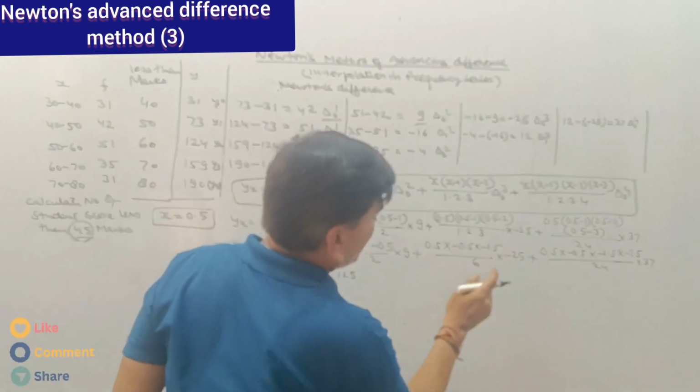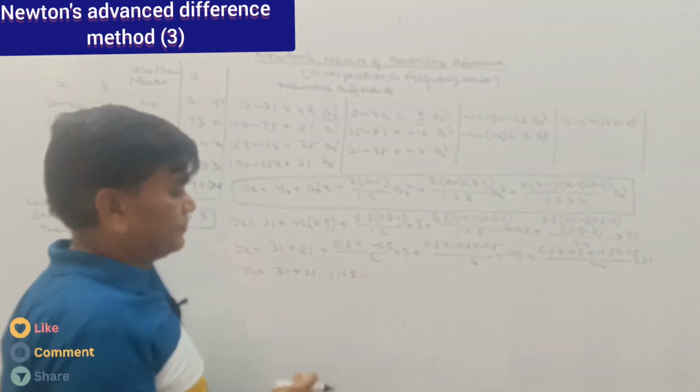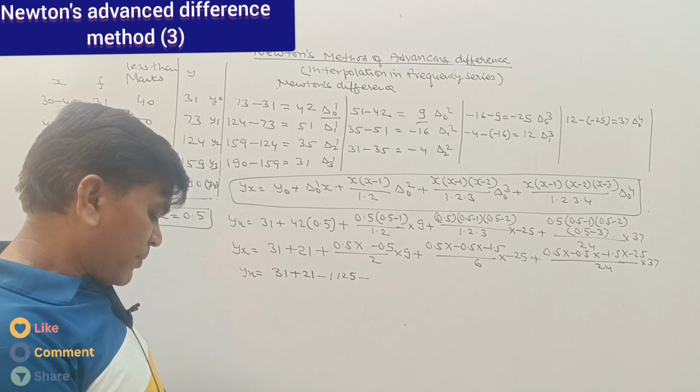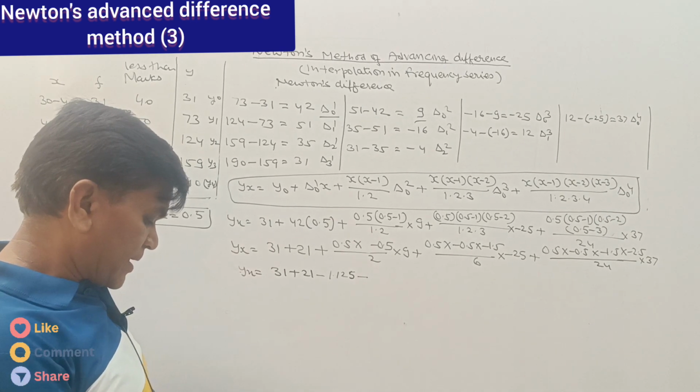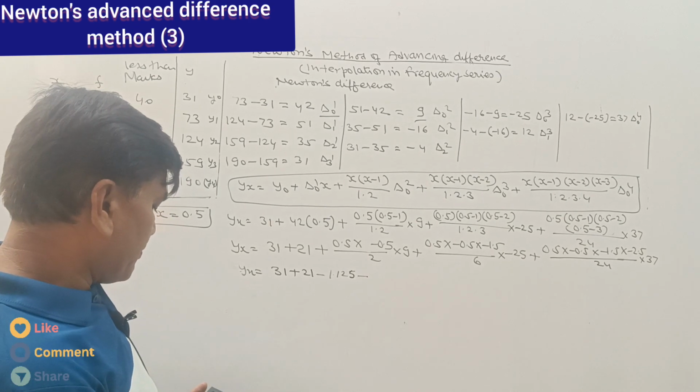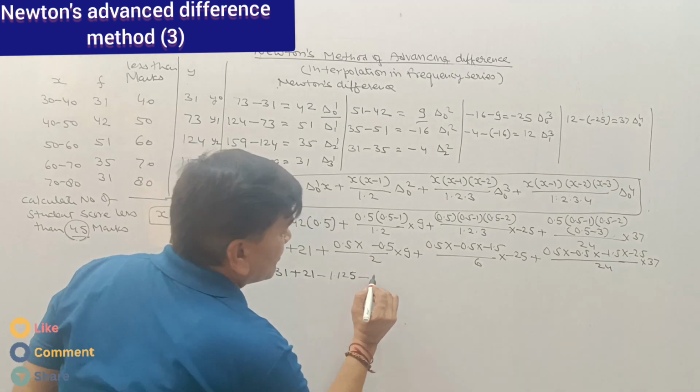Then 1 minus 2, minus 3 minus, so the whole value is negative. 0.5 multiply 0.5 multiply 1.5 multiply 25 divided by 6, that is minus 1.5625.